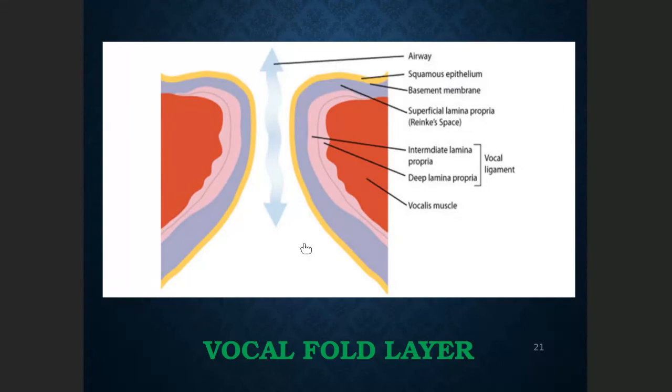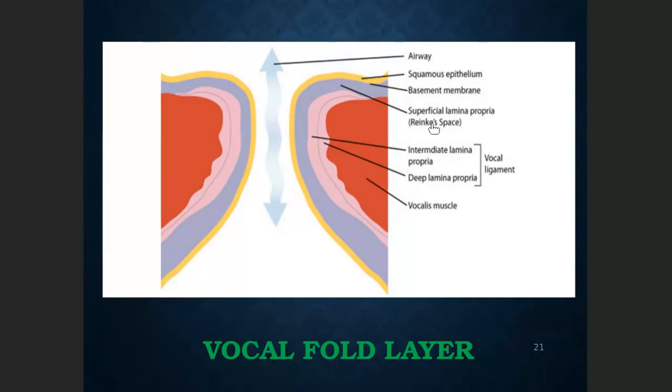Here again, the yellow layer is the squamous epithelium. At the level of the vocal cord we don't have pseudostratified; it's squamous epithelium. Above that and below that, it's pseudostratified epithelium. Then we have the basement membrane and the superficial lamina propria. The other name of the superficial lamina propria is Reinke's space.